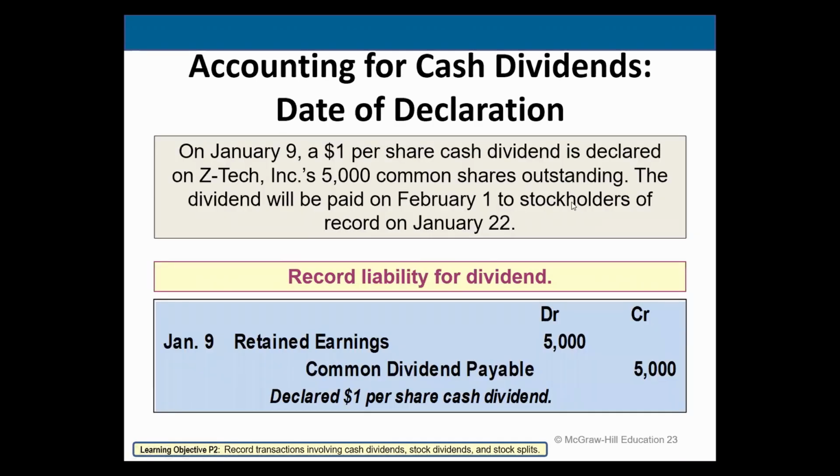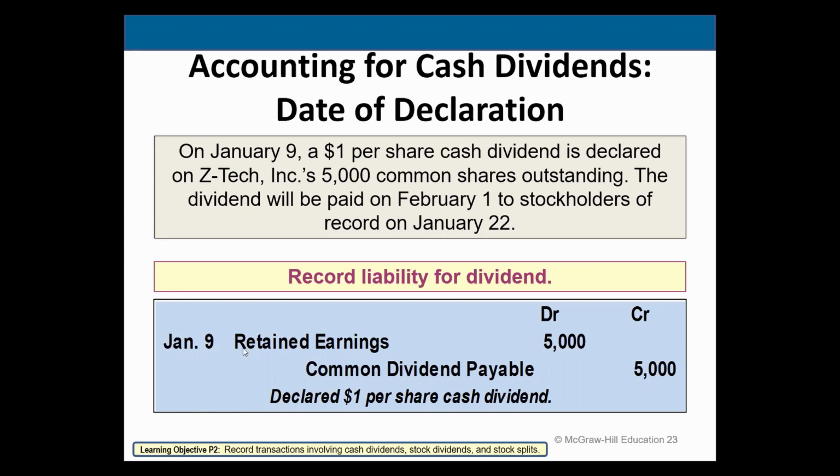To illustrate, the entry to record a January 9th declaration of a $1 per share cash dividend by the directors of ZTEC Inc. with 5,000 outstanding shares is shown above. The common dividend payable is a current liability. The date of record for the ZTEC dividend is January 22nd.